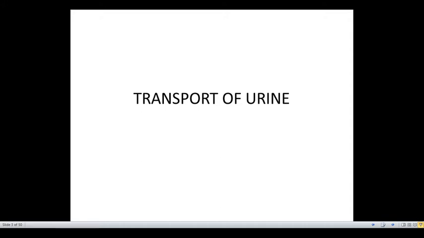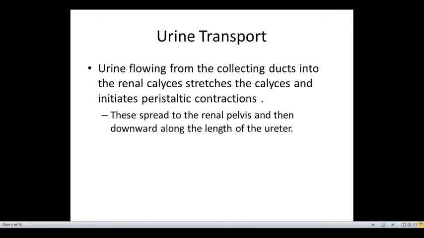Transport of urine from the kidneys through the ureters into the bladder. Urine flowing from the collecting ducts into the renal calyces stretches the calyces and initiates peristaltic contractions.